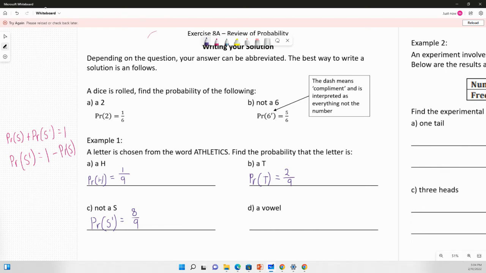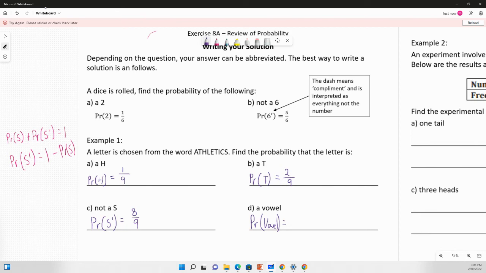Back to our final example for this slide, the probability of getting a vowel. So let's call this probability of getting a vowel. I've chosen to write vowel here because if I'd said probability of V, you might say there's 0 because there's 0 V's in here.